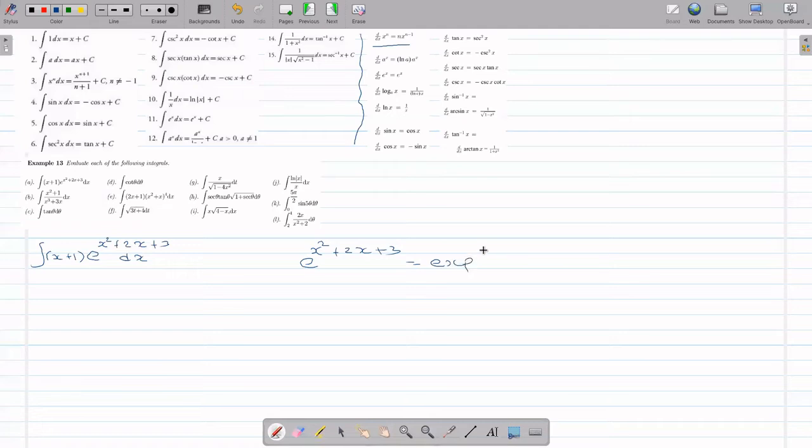Exponential function x squared plus 2x plus 3. This is the shortened form for this exponential function. So here inside is this guy. So I pick that inside as my u. If there is an inside function, I pick that as u. Okay. So I pick that as u.